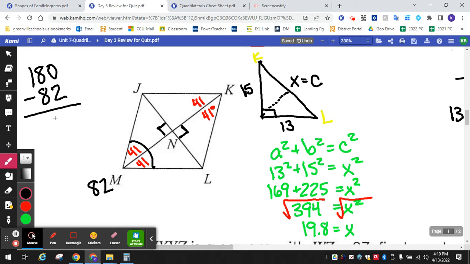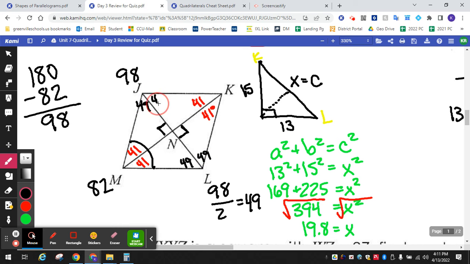So you would get 98. So this is 98, and this is 98, and then it's cut exactly in half. So half of 98, or 98 divided by 2, is 49. So all the other angles will be 49: 49, 49, 49, and 49.